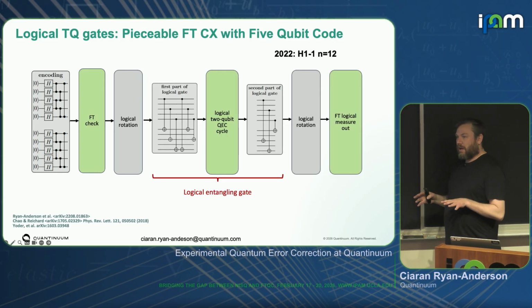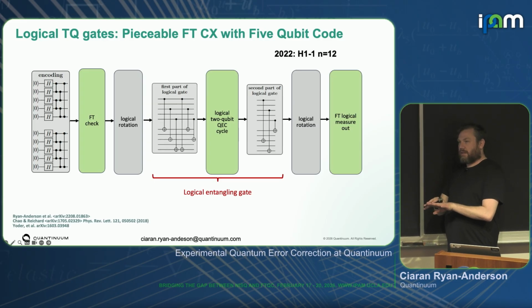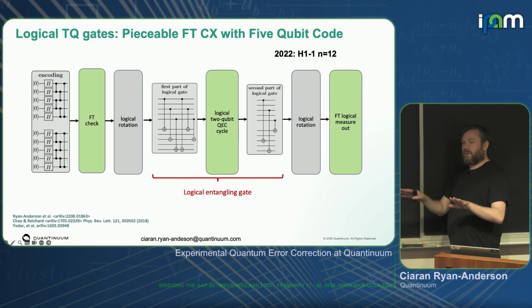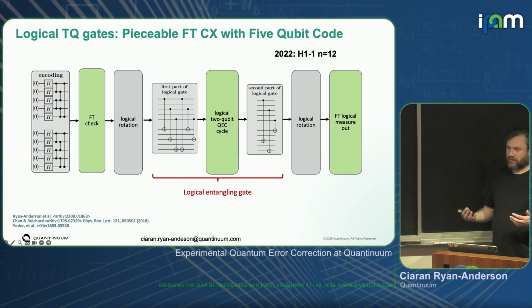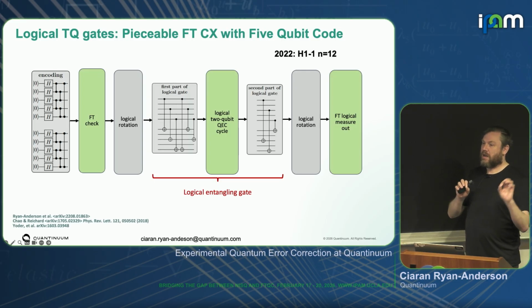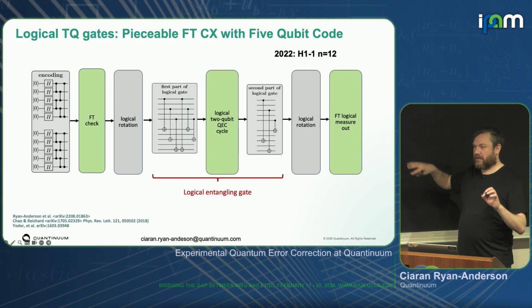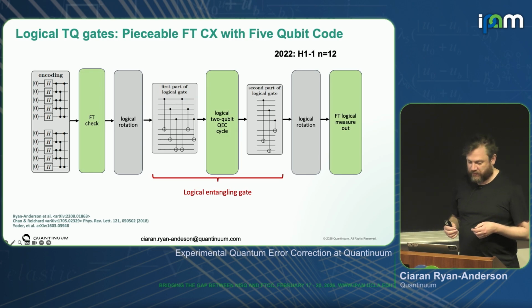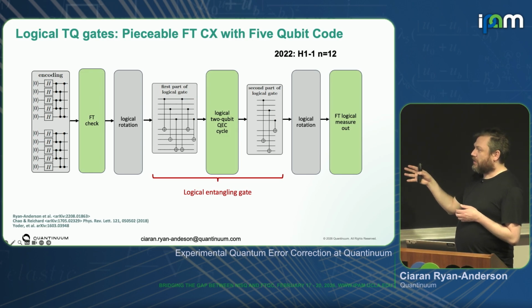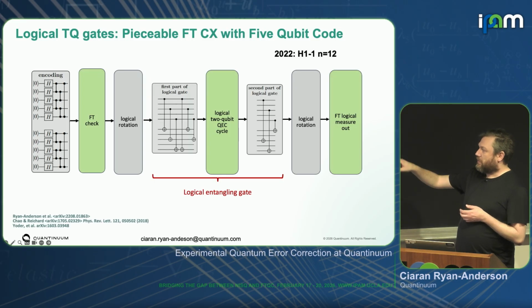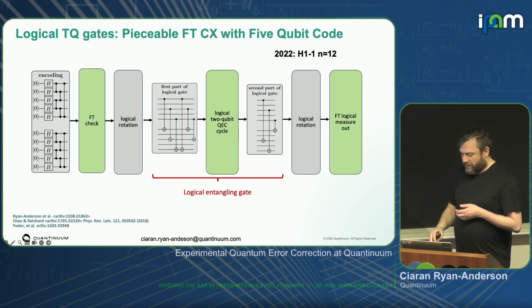Essentially, if you have an operation that isn't fault tolerant, you can potentially break it up into pieces where you then run syndrome extraction on those pieces and are able to put that information together and make it fault tolerant. So you capture the error before it spreads badly through the circuit and allows you to remain fault tolerant. So for 2 copies of the 5-qubit code, we did this pieceable fault tolerant gate.